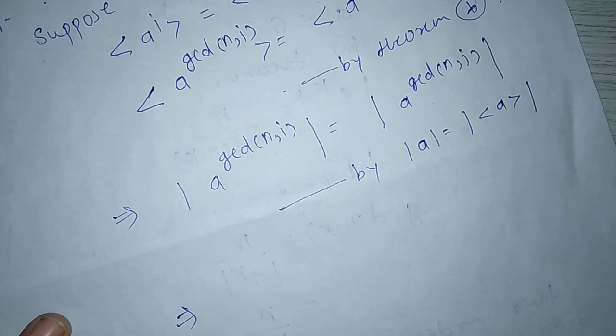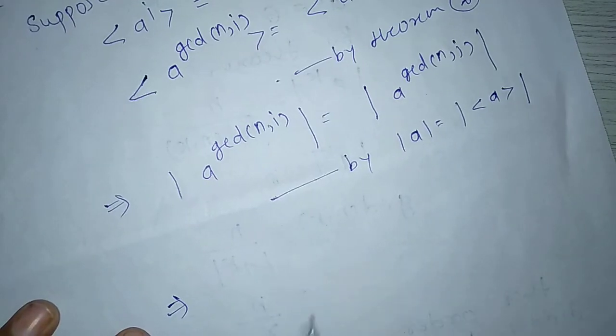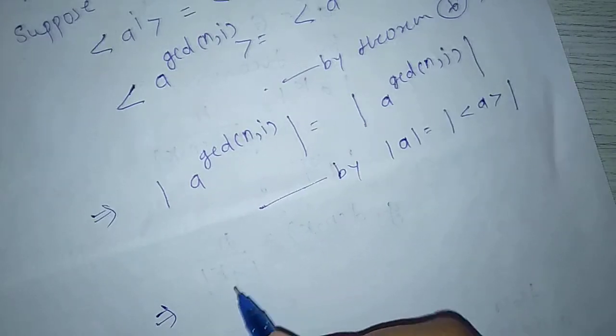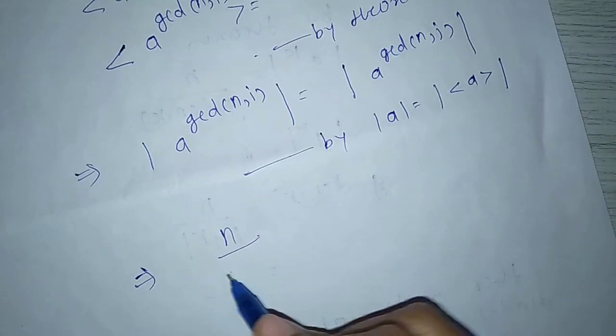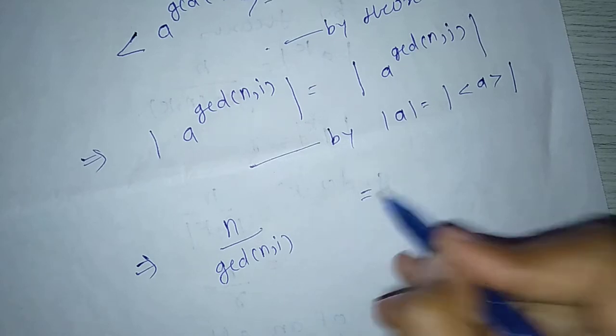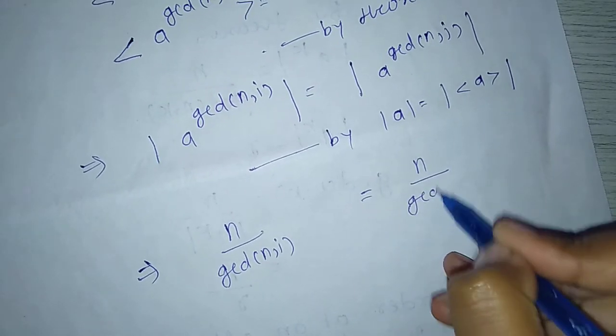By the result, order of a raised to d equals n upon d. We get n upon GCD of ni equal to n upon GCD of nj.